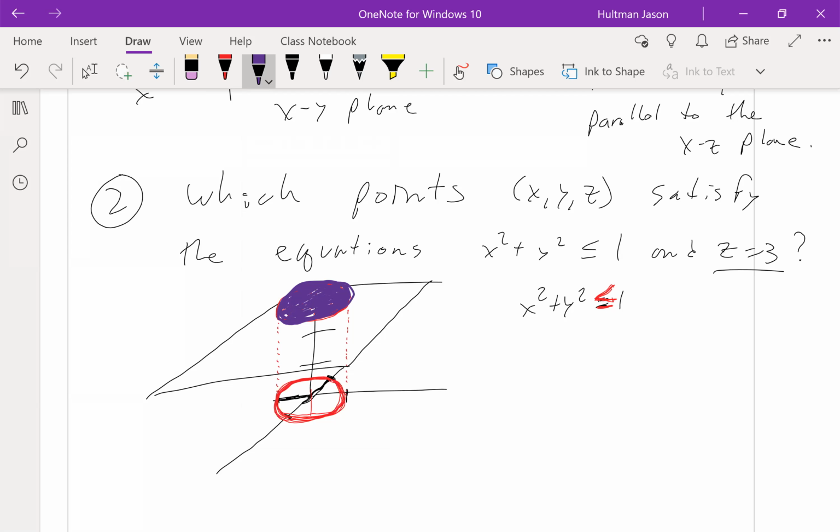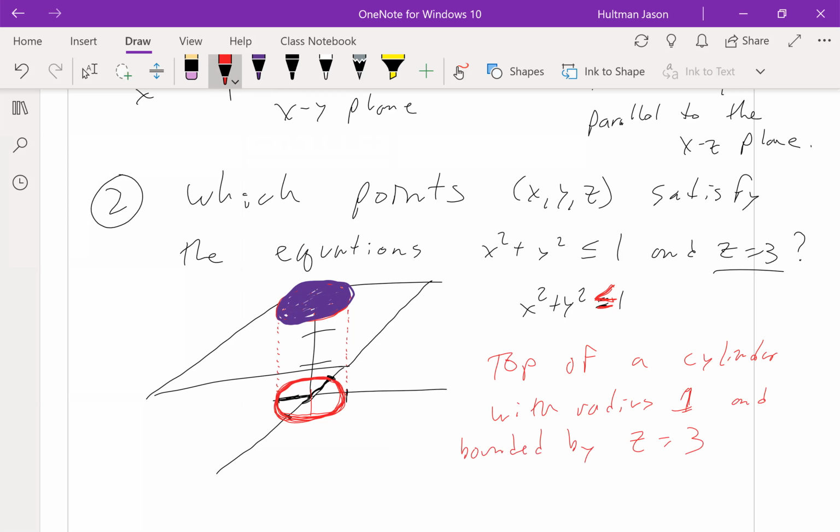That's the surface that I'm looking for. It's the top of a cylinder with radius 1 and bounded by z equals 3.